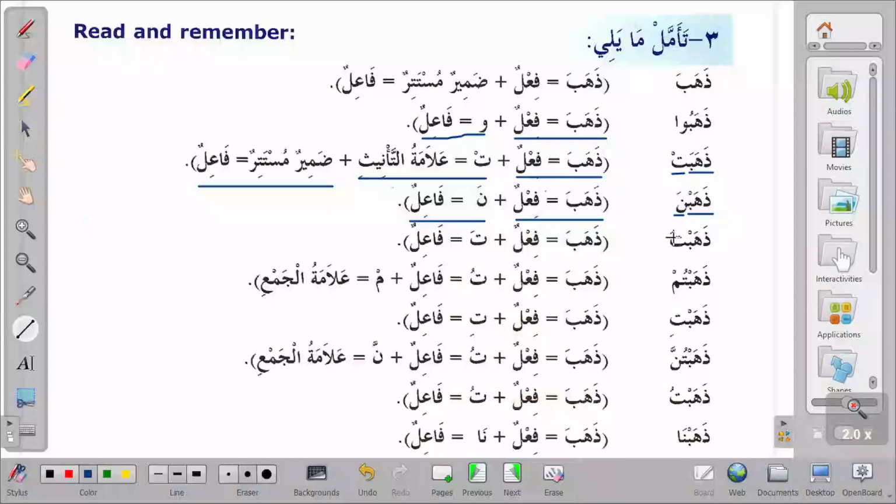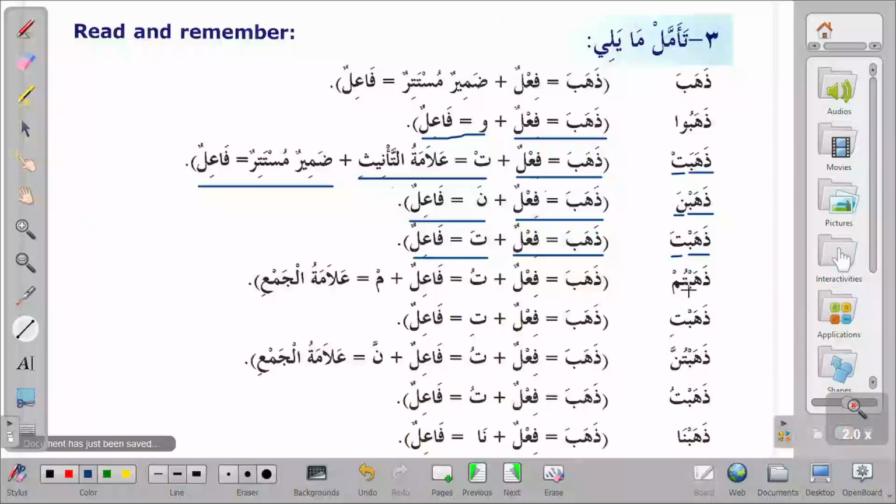Now, zahabta. This one is very clear. Of course, zahaba is the verb. The ta is the what? Is the doer. Yes. So zahaba is the fi'l, and then the ta is the fa'il. Two things here.